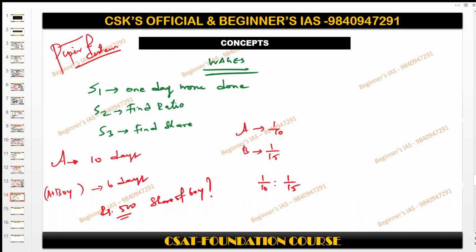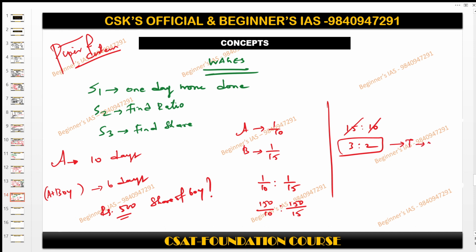So we can multiply 150 in the numerator on both the sides. Therefore 150, 150. So now you can cancel here 15 times, here 10 times. Now what is the ratio? 3 is to 2. You found the ratio. What is the total here? 5. So 3 by 5 part of the share is going to be the A.